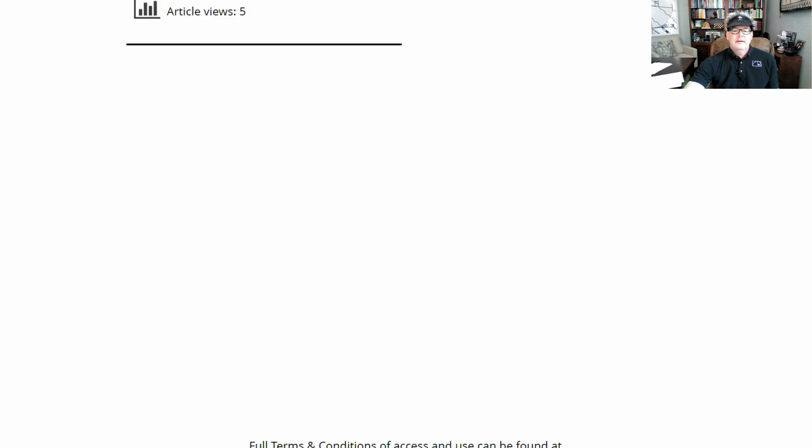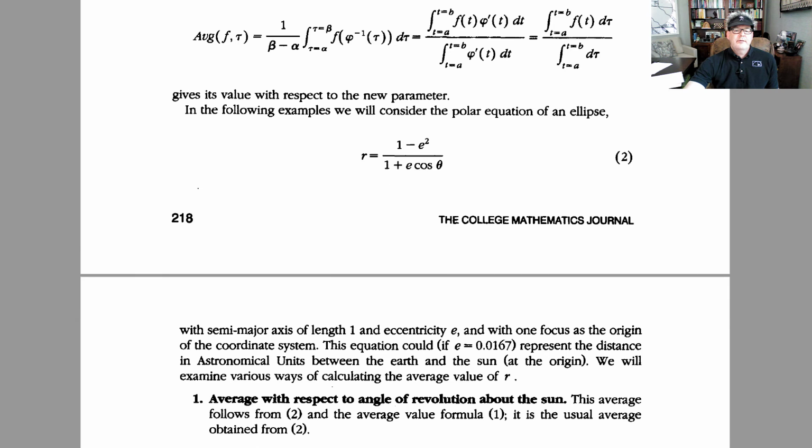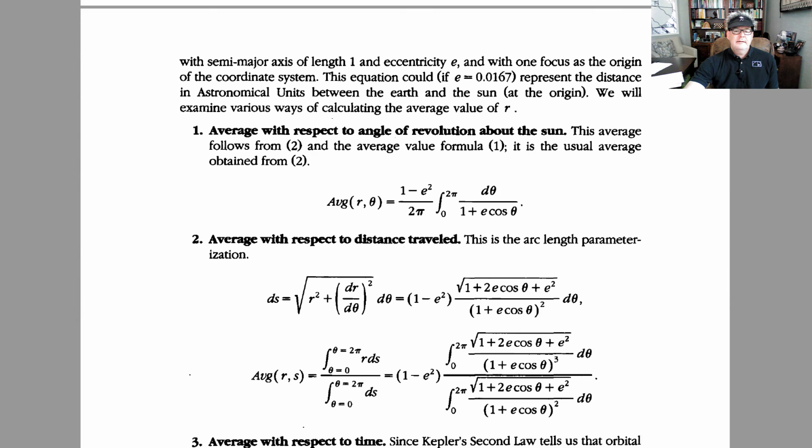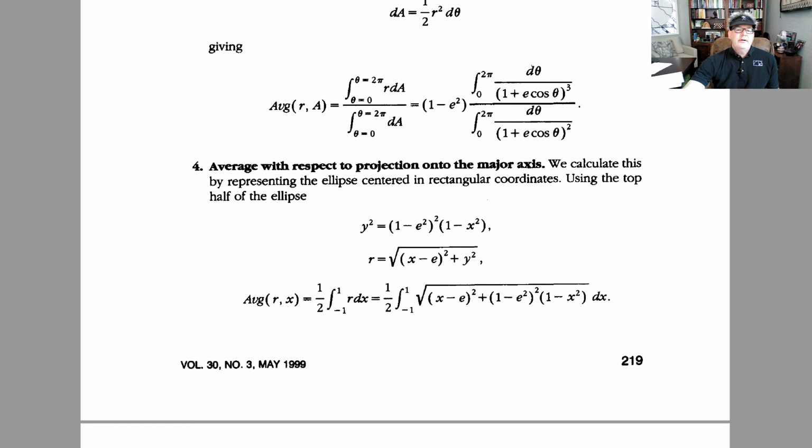So he tried to find it. So here's his work of doing some of the others, which were okay. Kind of used some of his notation. But onto the major axis. So his problem is he's got a square here, 1 minus e squared squared times 1 minus x squared. There should not be that square there.